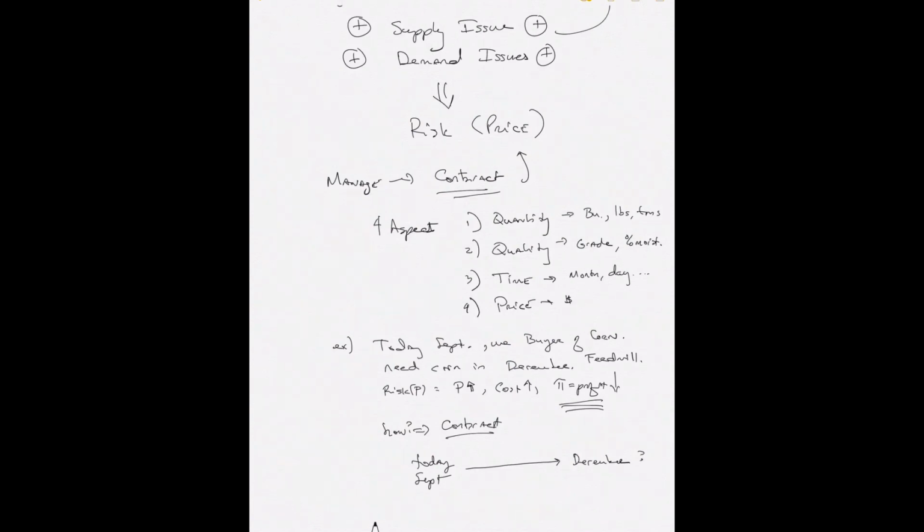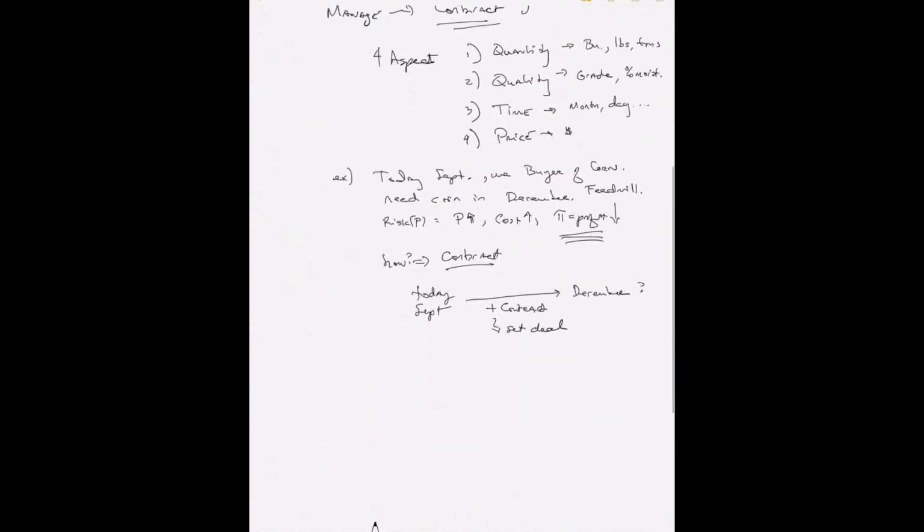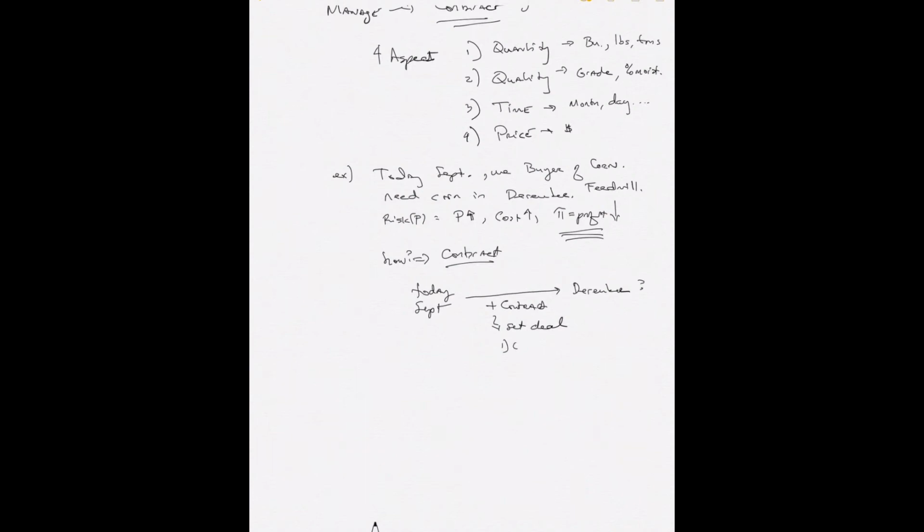So instead of waiting the entire time, we can just put ourselves in a contract here. And then that way we would actually have a set deal. And this set deal would have to talk about the four things that we talked about before. We would have to negotiate quantity, quality, the time, and then finally the last one is of course the price.